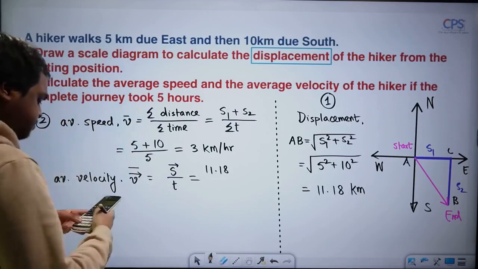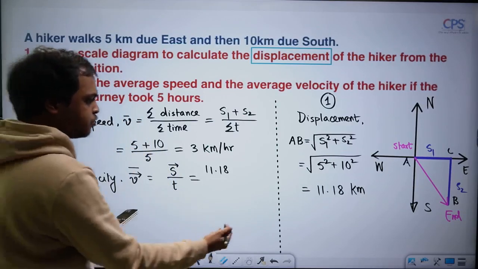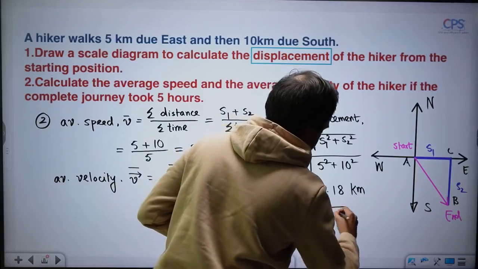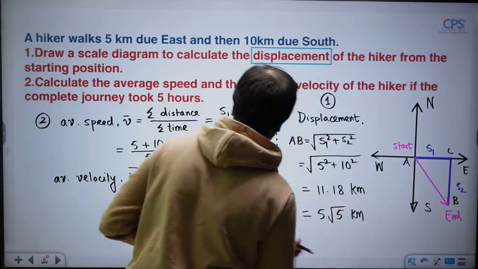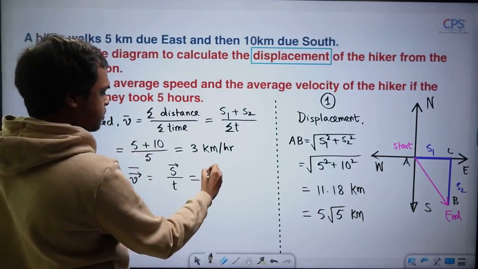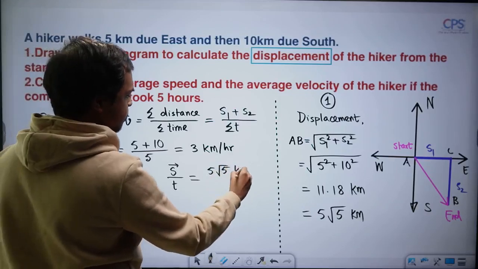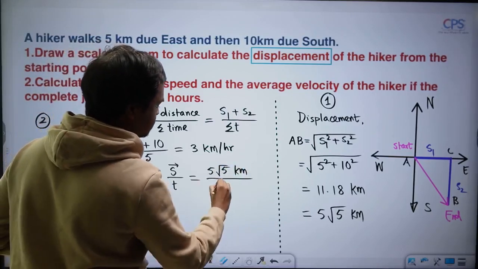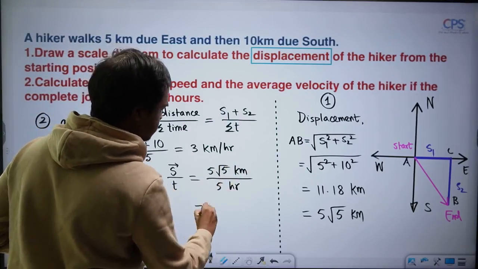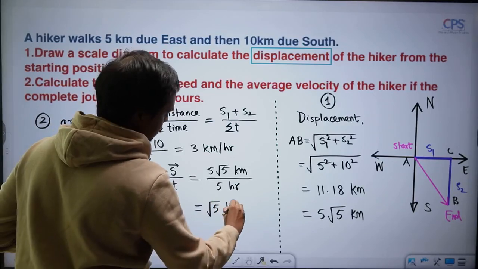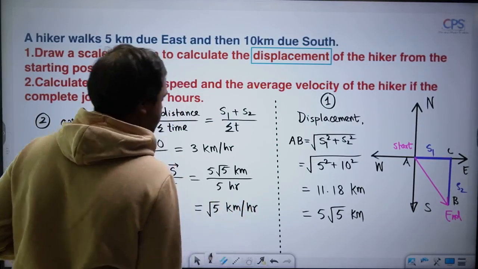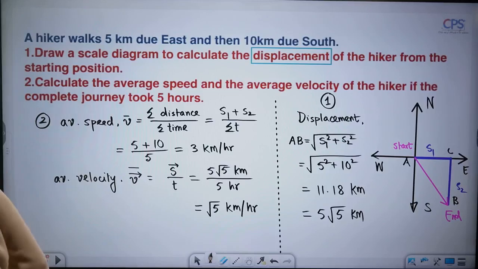How much was it? Yeah, 5 root 5. I might just write it like that. That will be easier for your eyes. And time is 5 hours. So it's root 5 over 5 kilometers per hour. Okay, that's it, nothing else.